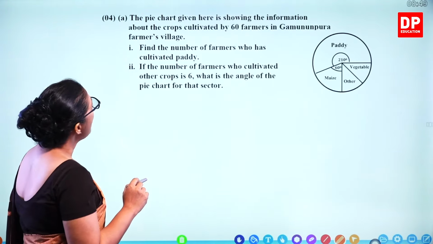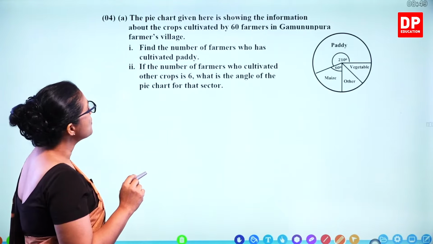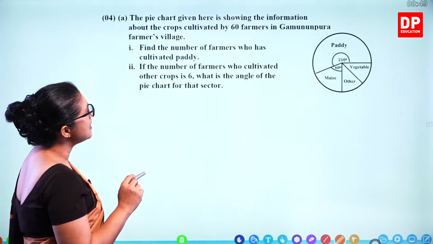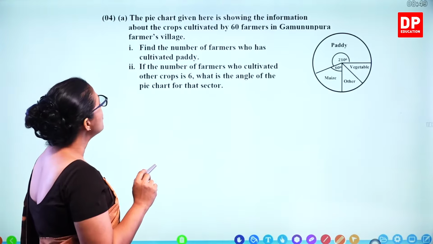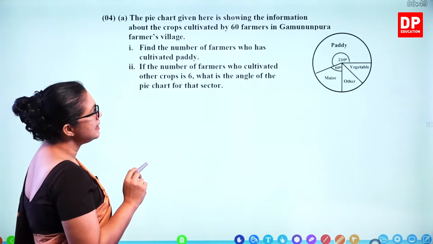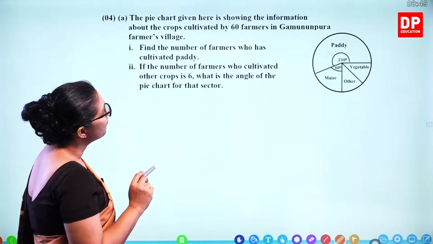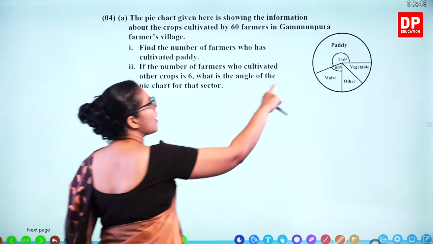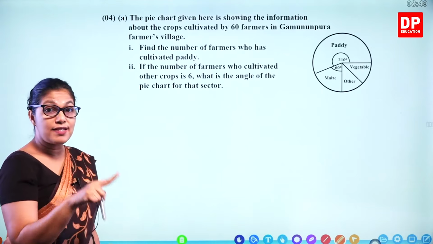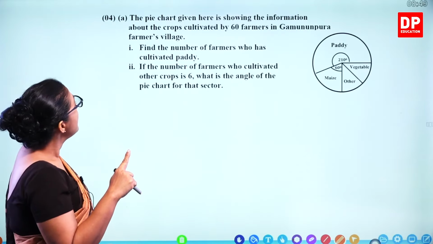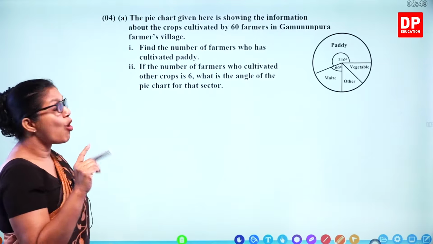Part A. The pie chart given here is showing the information about the crops cultivated by 60 farmers in Gamunapura Farmers Village. Find the number of farmers who cultivated paddy. Paddy is 210. We know 360 is the total. And it says the pie chart shows crops cultivated by 60 farmers altogether.